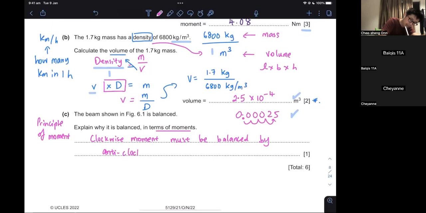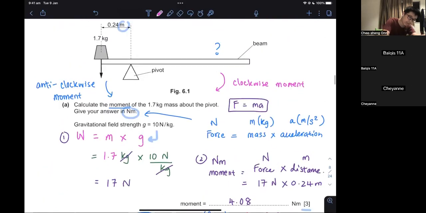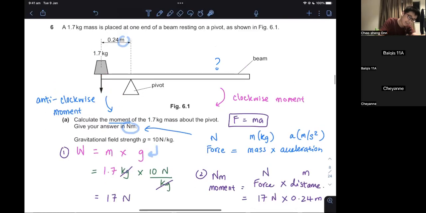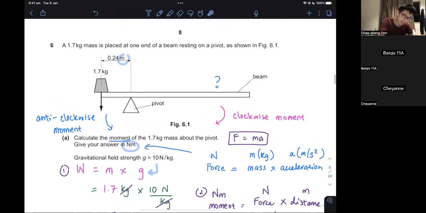So it's like earlier I showed you something is rotating clockwise. The weight of this object is coming down, so that is going anti-clockwise. But then we also have something going clockwise because we have this object. This object has a mass. The mass of this object is somewhere in the middle, because this is the middle of the beam.